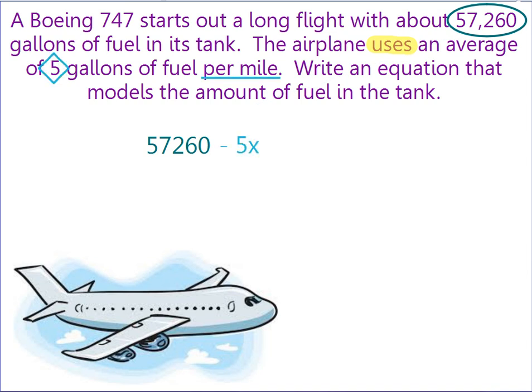Be very conscientious of whether you're adding or subtracting in these situations. We're subtracting 5 gallons per mile. Per means multiplication, and the unknown here is the number of miles.